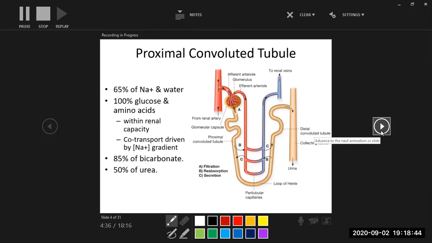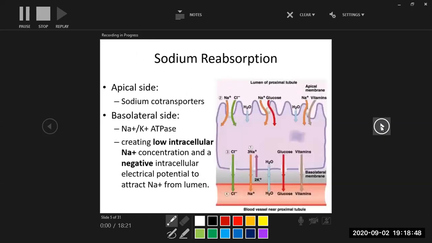The very important one, the large portion of this absorption, is the sodium. So let's look at the sodium reabsorption. How does it work? As we mentioned before, we have the sodium potassium ATPase on the basolateral side. So it's right here.